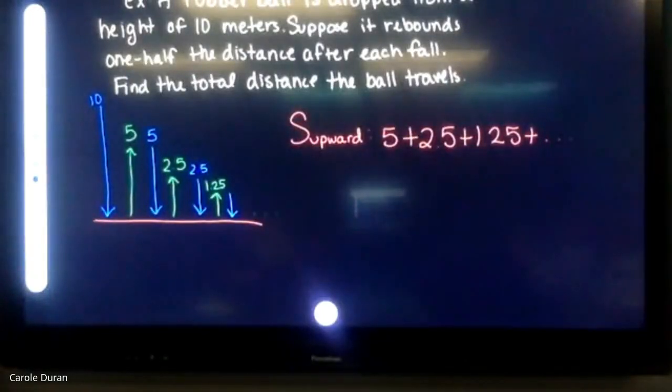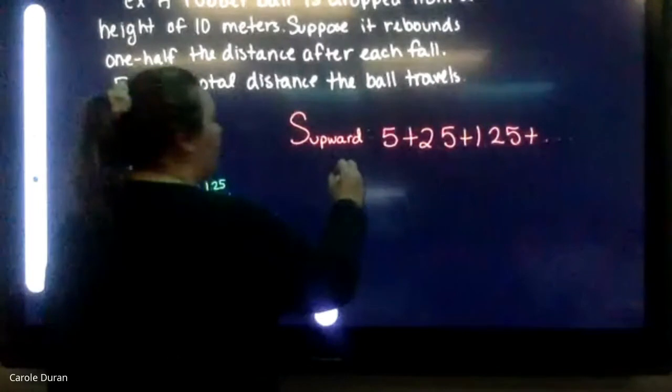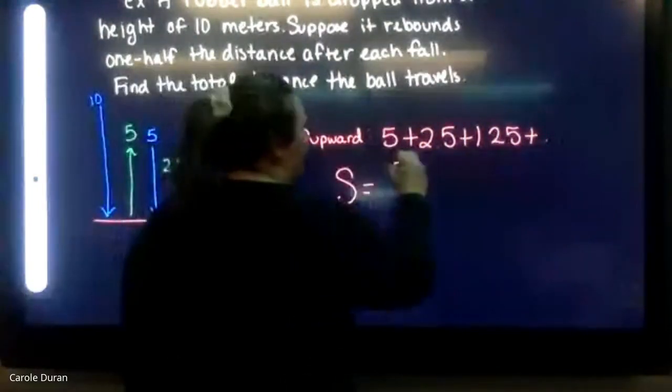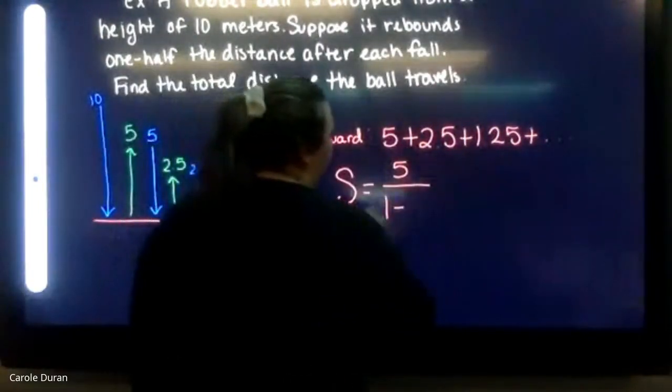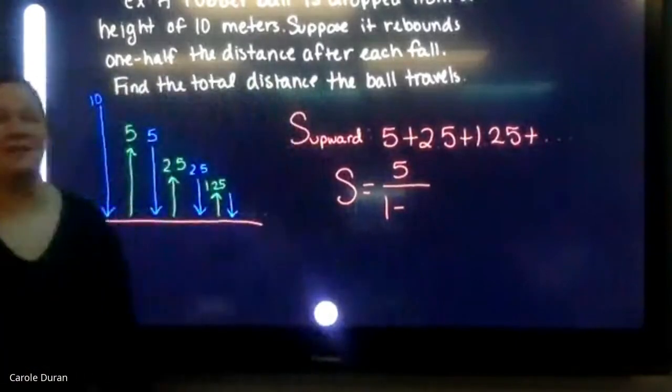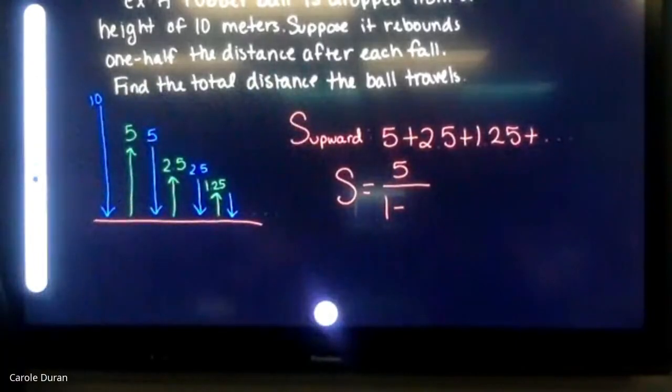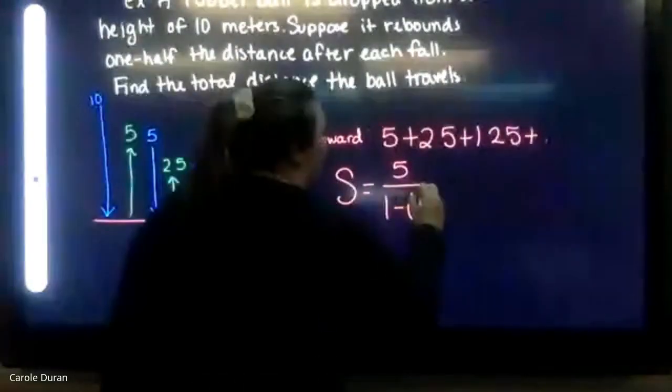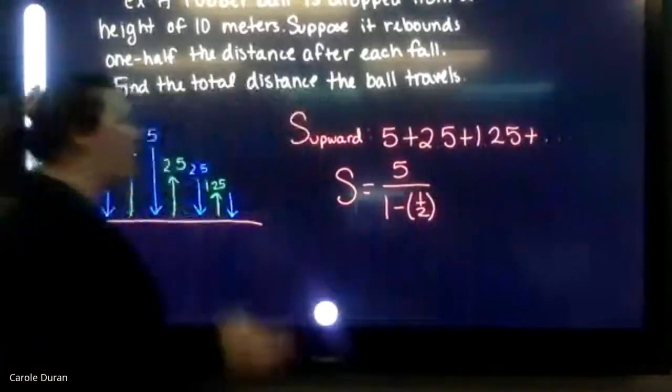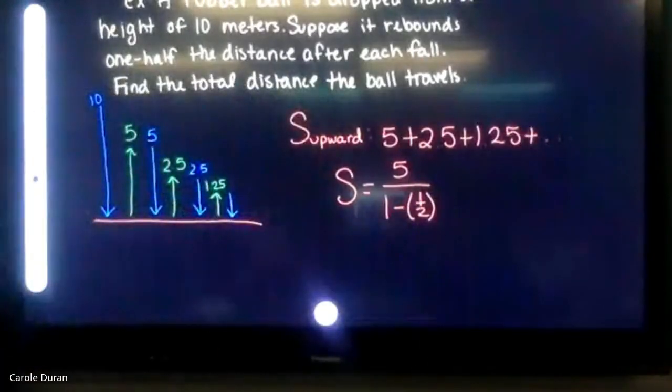Knowing what my sequence looks like, I can go ahead and fill in the information to my infinite sum formula. Infinite sum is equal to my first term 5 over 1 minus my common ratio. What's my common ratio for the sequence? 1/2. Because it's essentially dividing by 2 or multiplying by 1/2 every time it continues on.